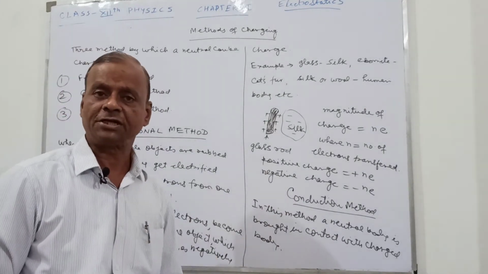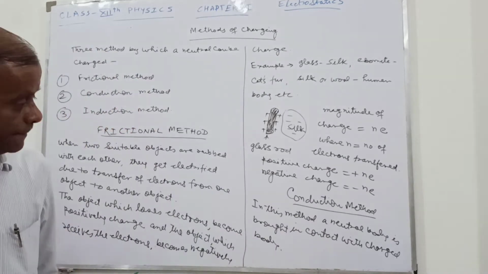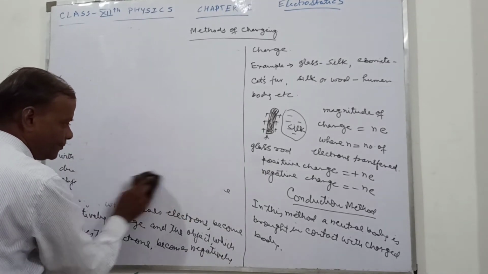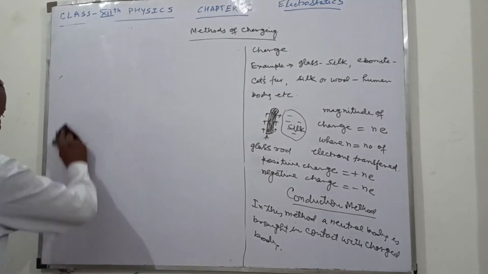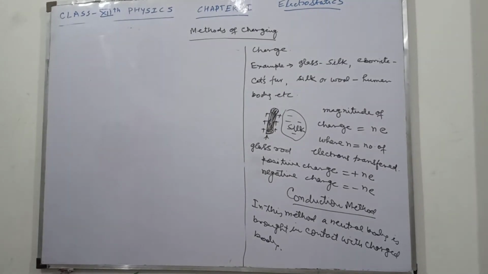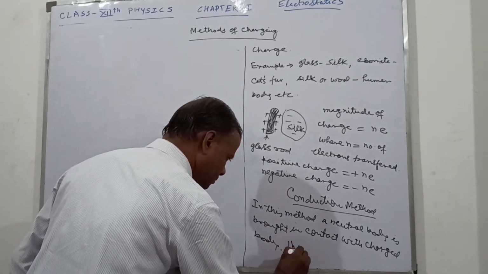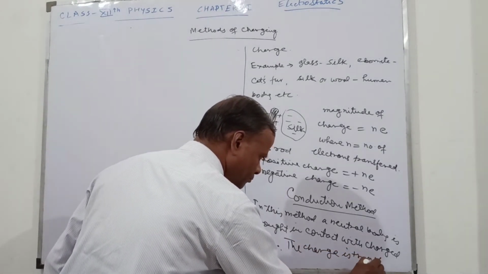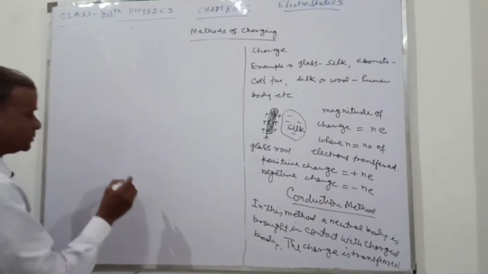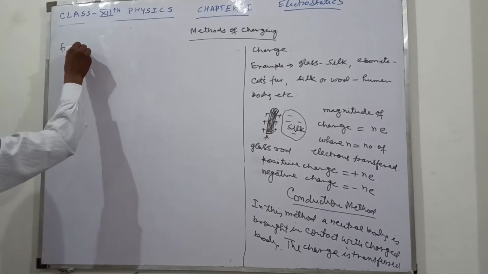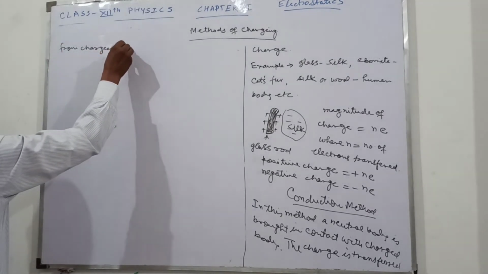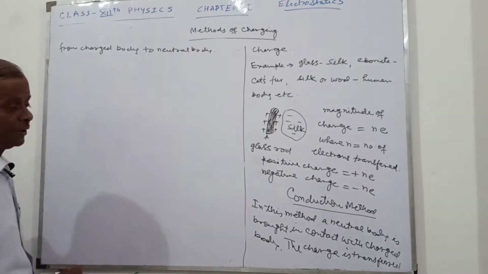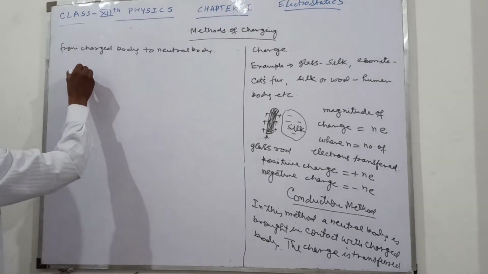Then the charge is transferred from the charged body to the neutral body. So what happens is, suppose these are two identical spheres.